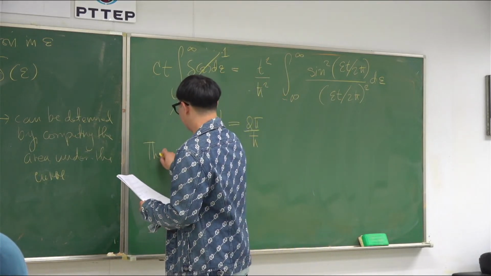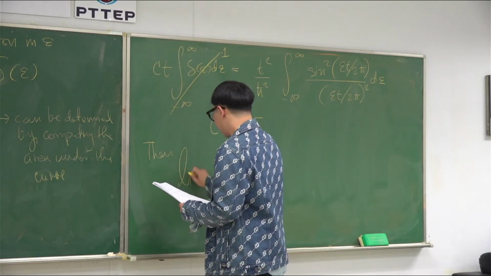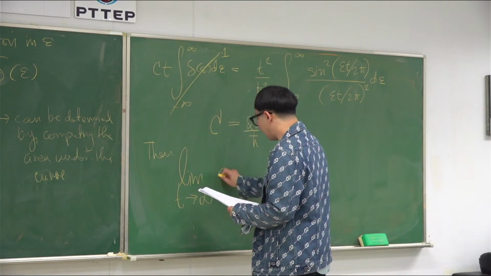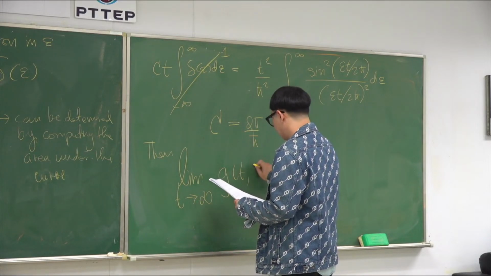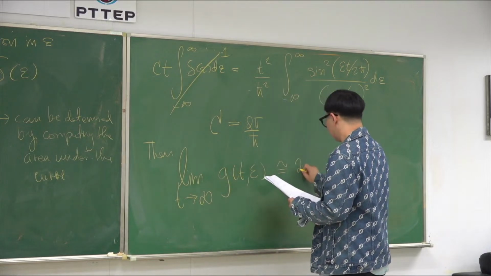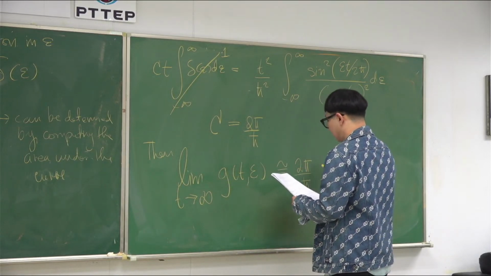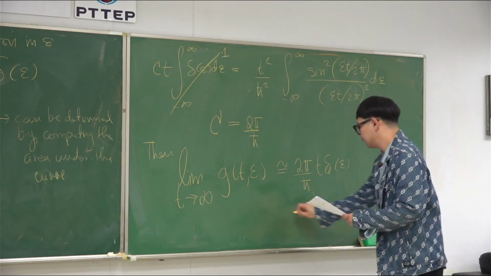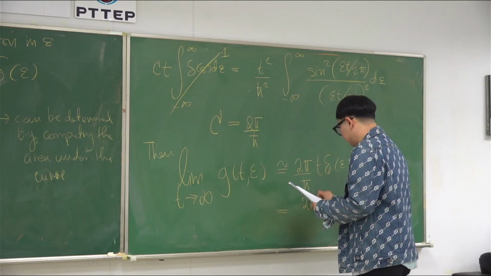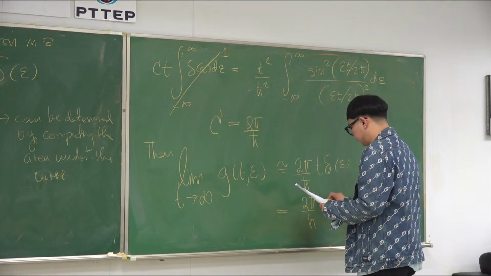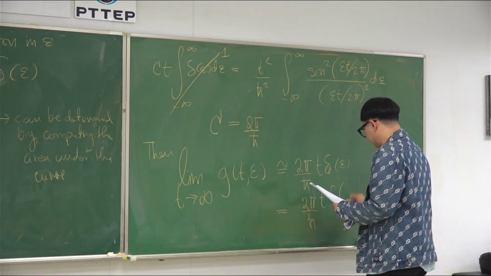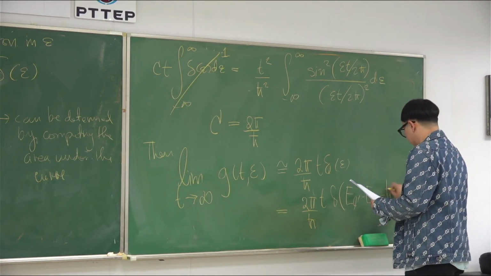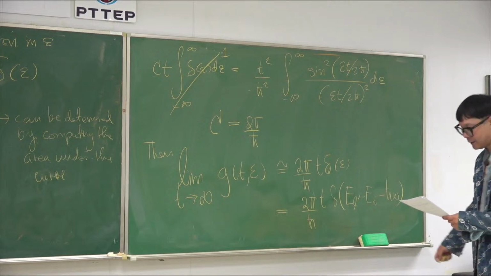Then, if we take the limit at t very large, you get this.